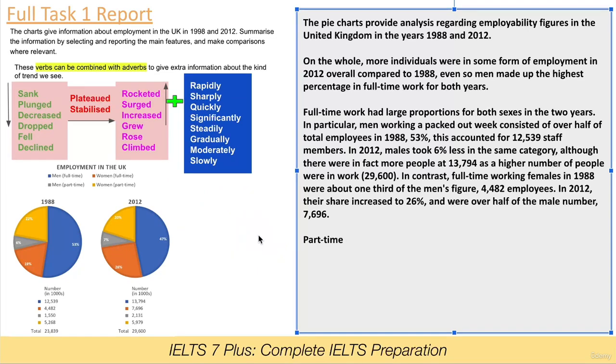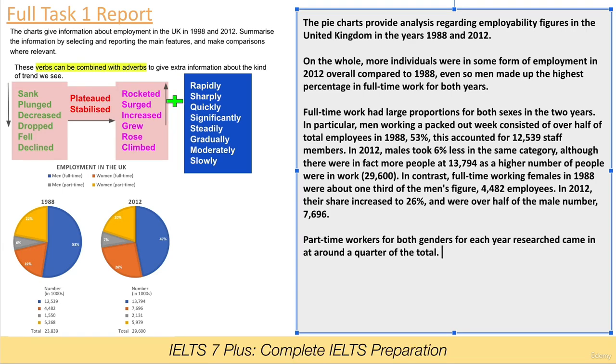So part-time workers for both genders combined for each year researched came in at around a quarter of the total.